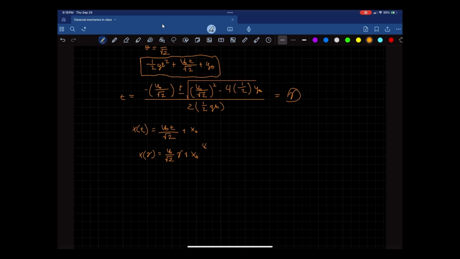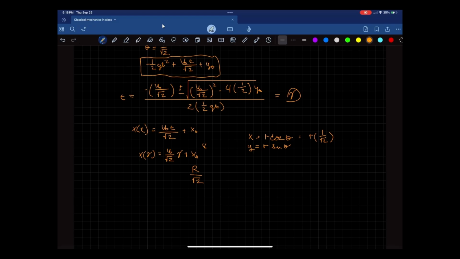From polar conversions, x is just equal to r cosine theta, and y is equal to r sine theta. So we have our initial position, so we just have r over the square root of 2, because cosine theta turns into 1 over the square root of 2.